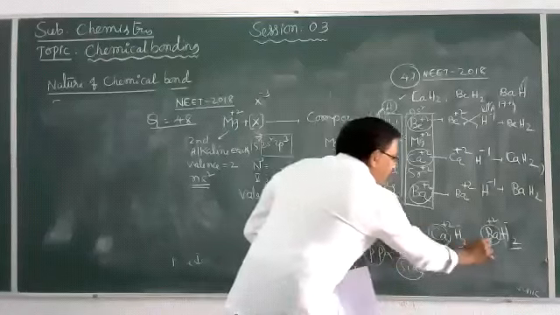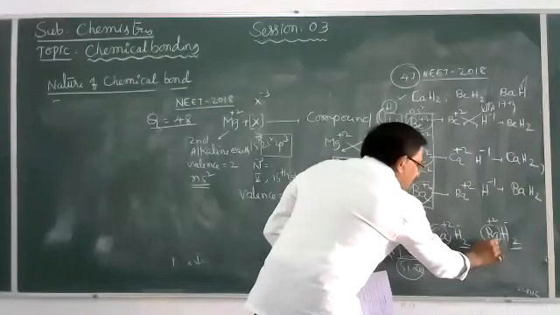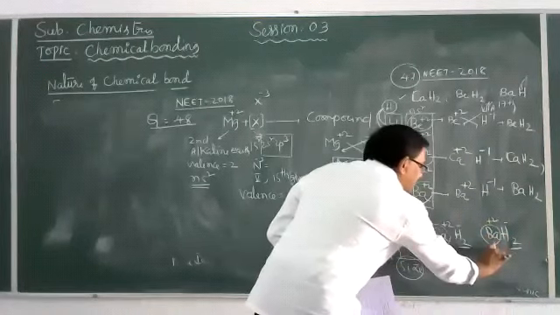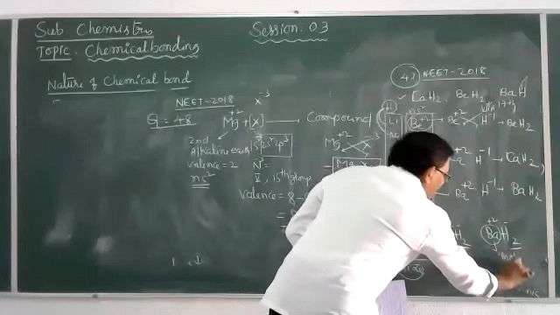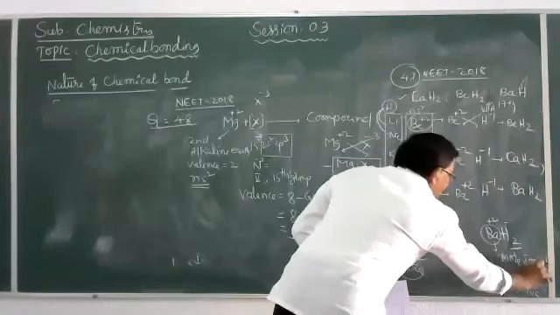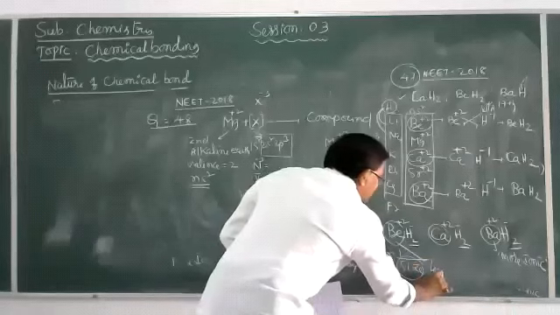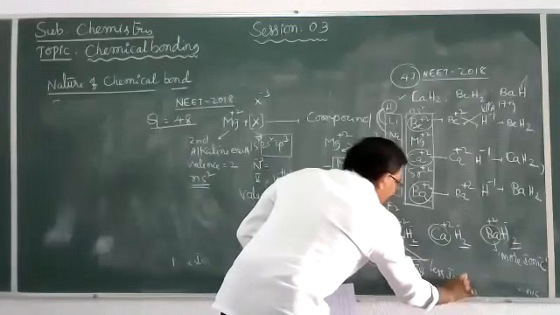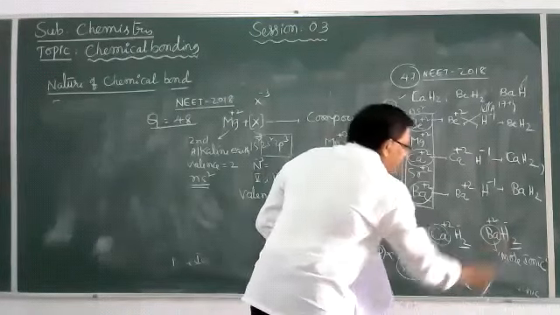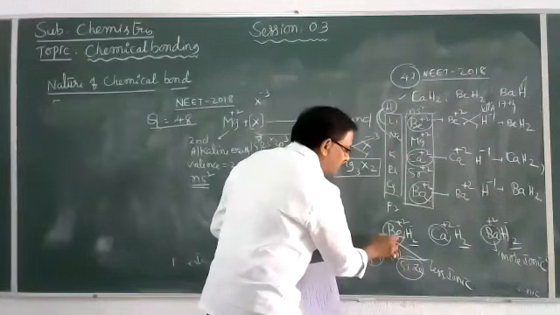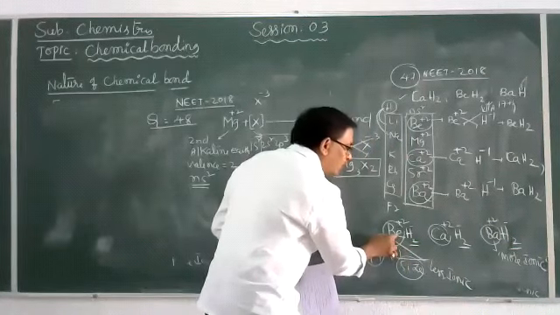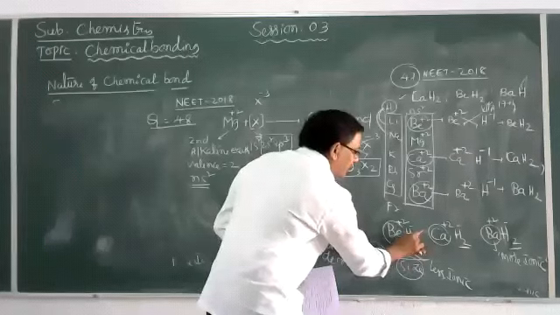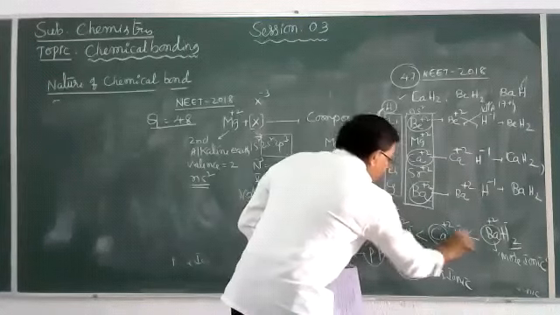Now if the size of the cation is more, covalent character is less, which means it is more ionic in nature. This is less ionic. So in the increasing order of ionic character, beryllium hydride is covalent, then covalent character decreases and ionic character increases.